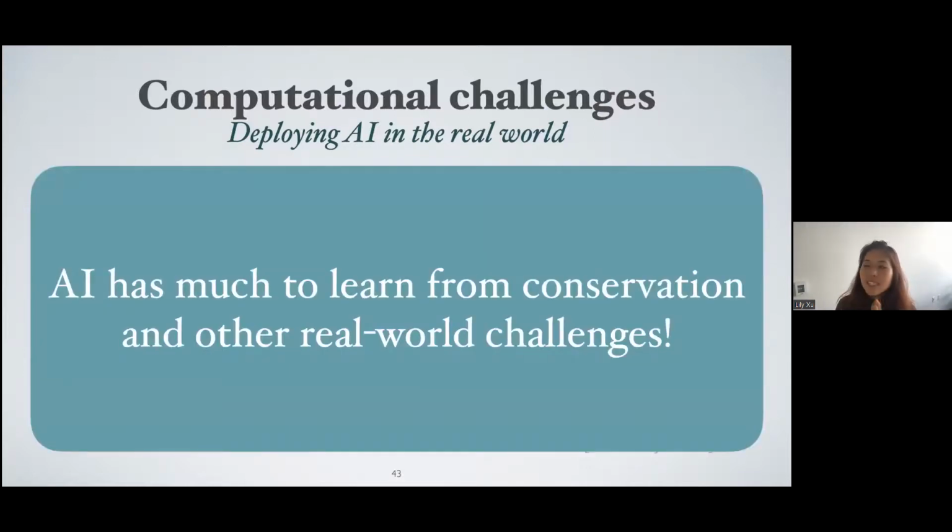But the big message that I want you all to take away is that AI and data analytics more broadly has much to learn from conservation and other real-world challenges, and that it's valuable, not just from the purposes of deployment and social impact, but it's also valuable from an academic and research standpoint to really work closely with this domain, understand what their challenges and limitations and possibilities are, and then design solution approaches to address and overcome those challenges.